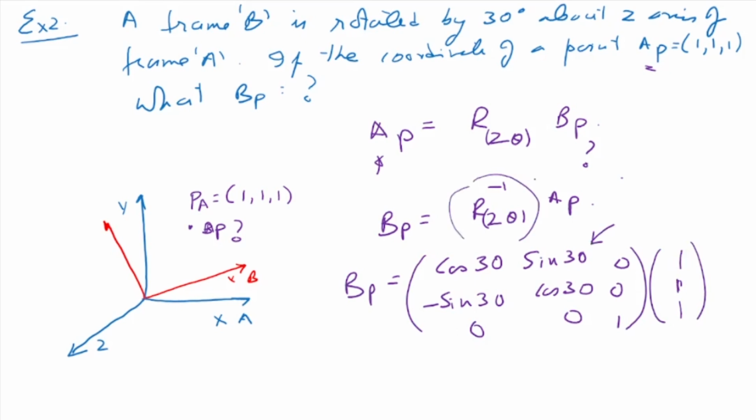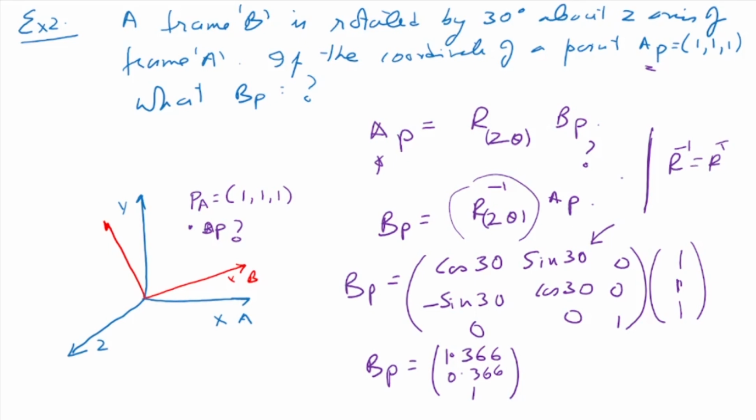So R inverse is equal to R transpose. So I took the transpose of that matrix and this is what we get. So BP is equal to, you just need to put in the values, and what you get is 1.366, 0.366, and 1.